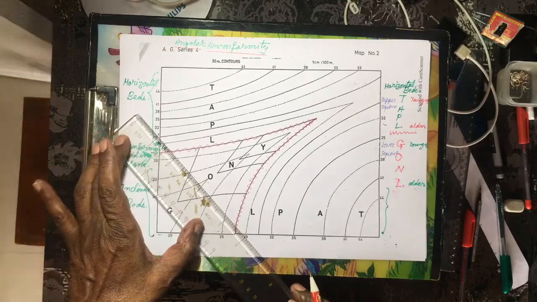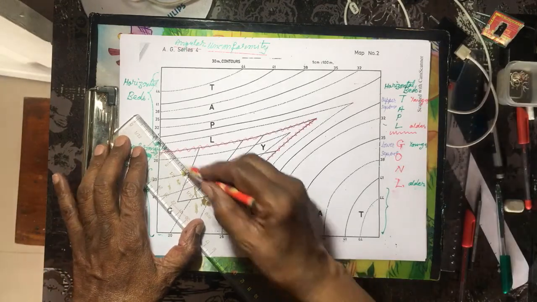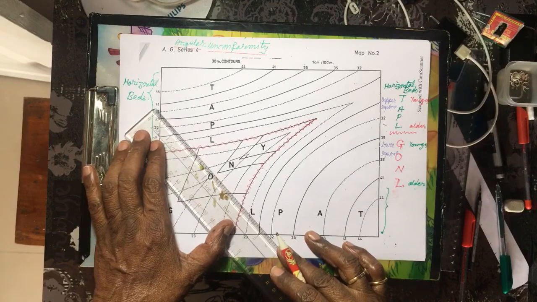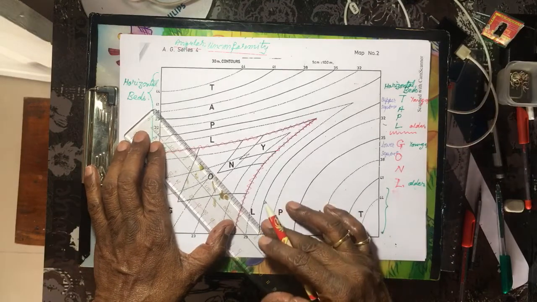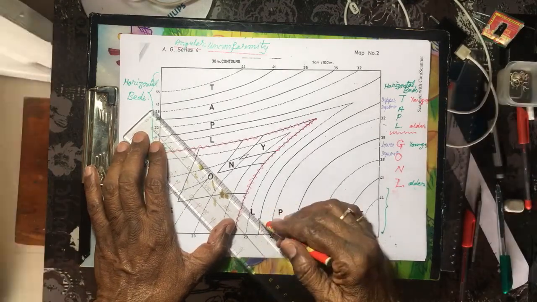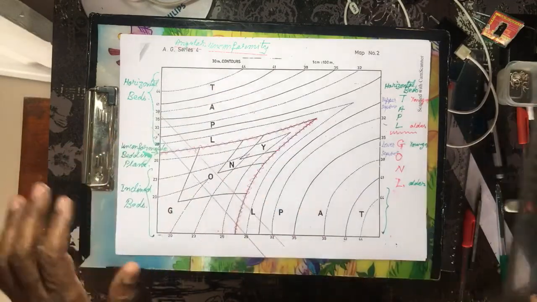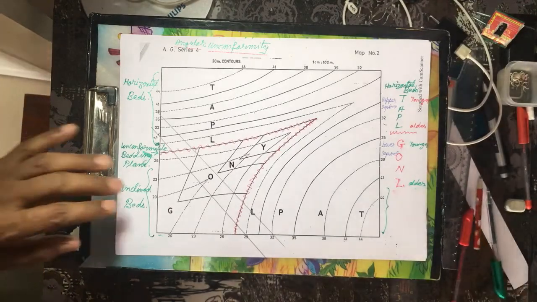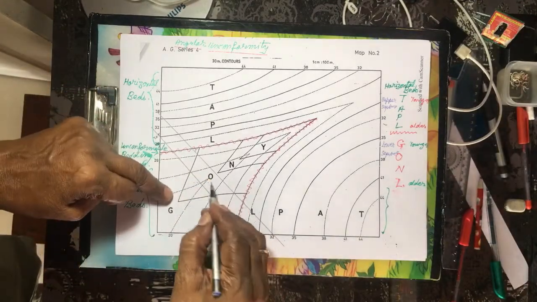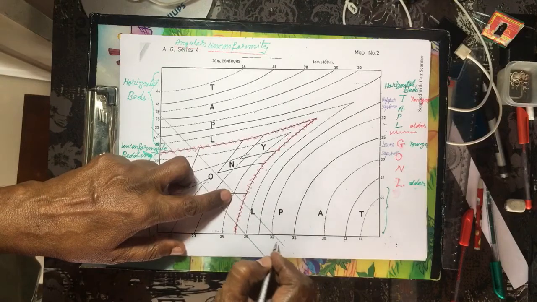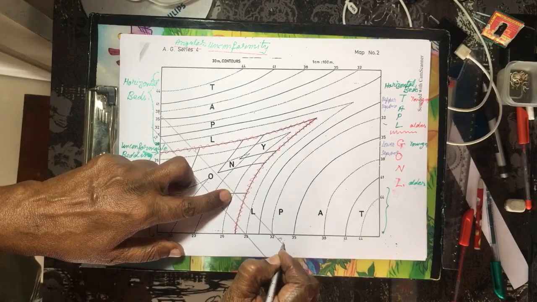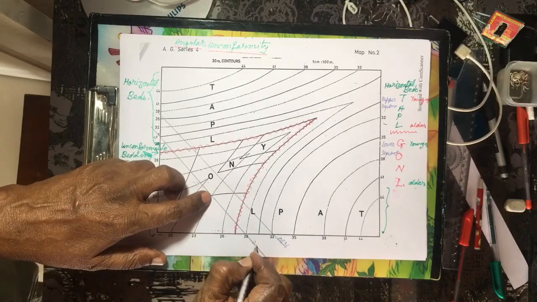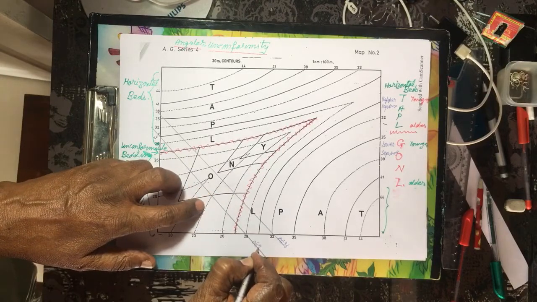So I have drawn one strike line, and this is another strike line. This is the strike line of OG bed, OG26, and this is OG23.